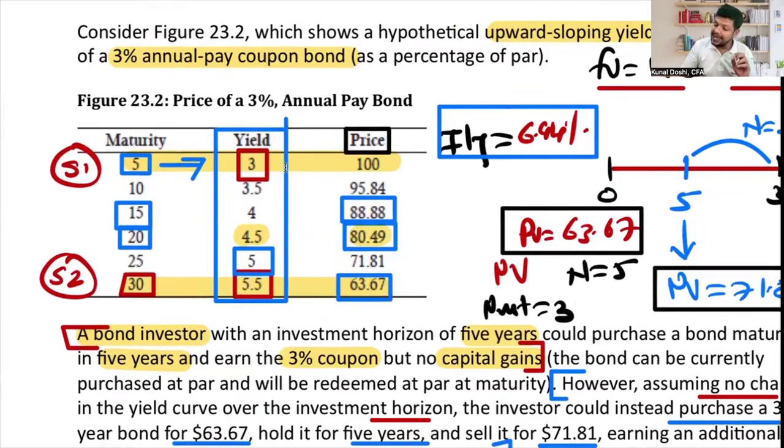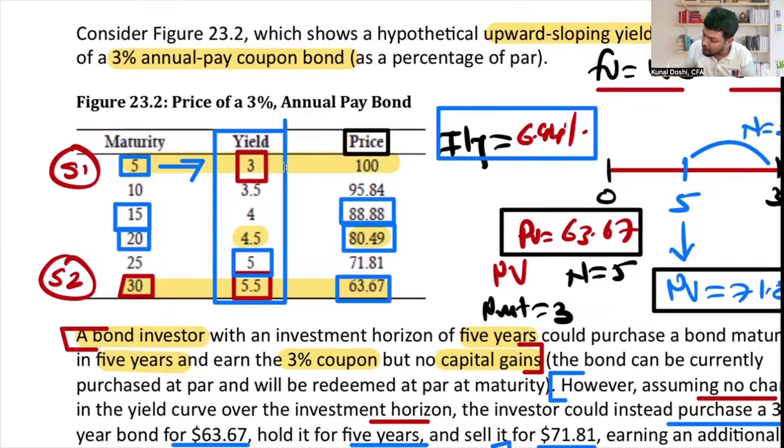What happens here is that ideally, when you have bought the bond, you bought a 4.5 bond at a price of 80.49. Correct? Now, if you sell this bond after a year, you should make the same yield, right? If the yields don't change.